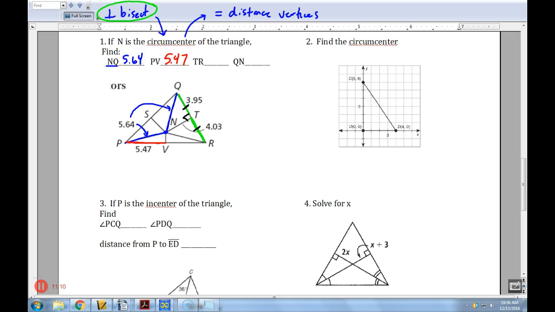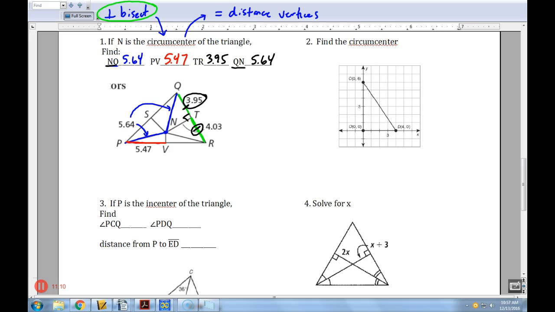So I know that if QT is 3.95, the same has to be true for TR. It's got to be 3.95. And now the distance from Q to N, well, that's kind of a goofy question because QN should be the same as NQ. So 5.64.